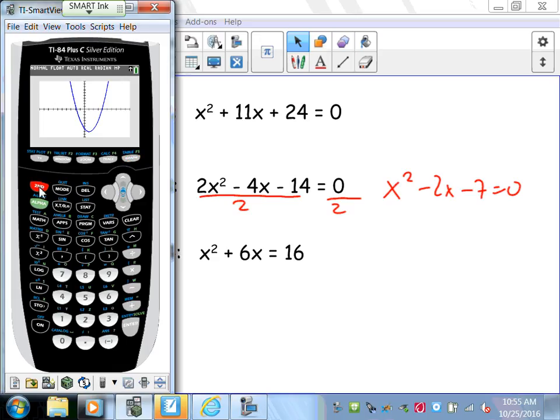So this is where it's useful. If you hit second trace 0, right? For example, I'm going to find the left answer just because I'm closer to it. So left, enter, right, enter, enter.